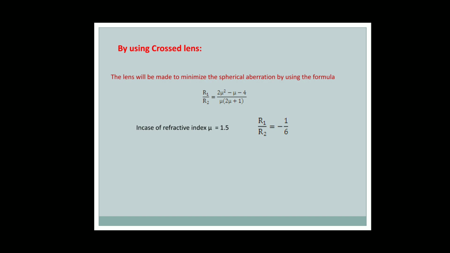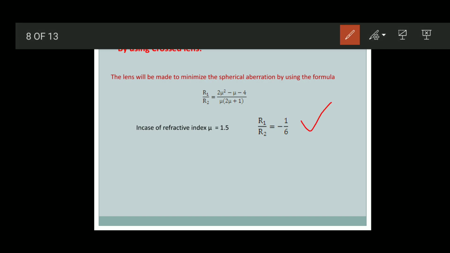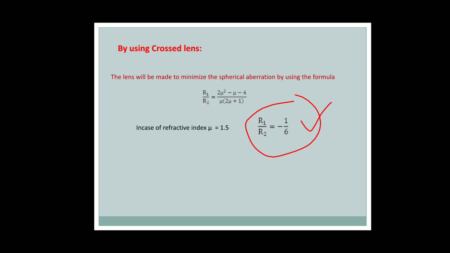When any lens is prepared with this formula, that is R1 by R2 is equal to minus 1 by 6, it will minimize the spherical aberration. If R1 is taken as plus 1, that is the convex lens, then R2 is minus 6, that is the concave shape. If convex and concave shapes are prepared in the same lens by taking this formula, R1 by R2 is equal to minus 1 by 6, it can minimize the spherical aberration.